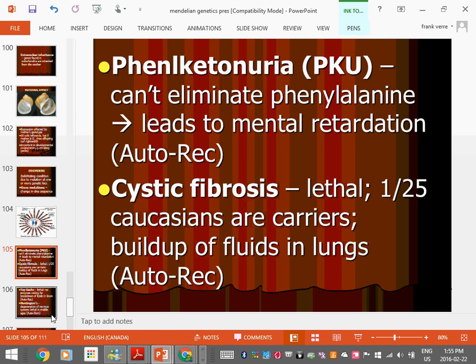Okay, so the idea is if you have a child that has PKU and you give them phenylalanine in their diet, it will really affect their brain. They will not grow normally. Their brains will not develop normally. But if you remove the phenylalanine and put them on a normal diet, they develop normally.